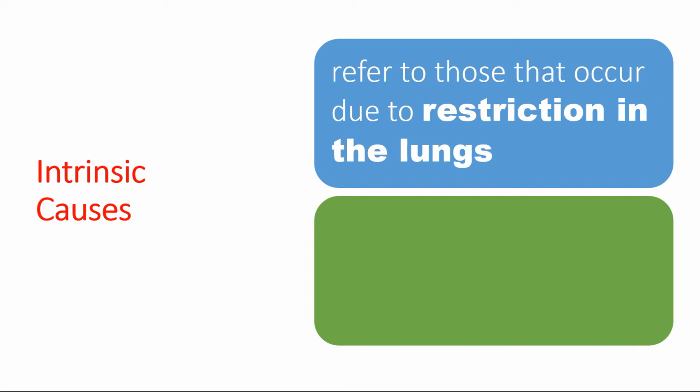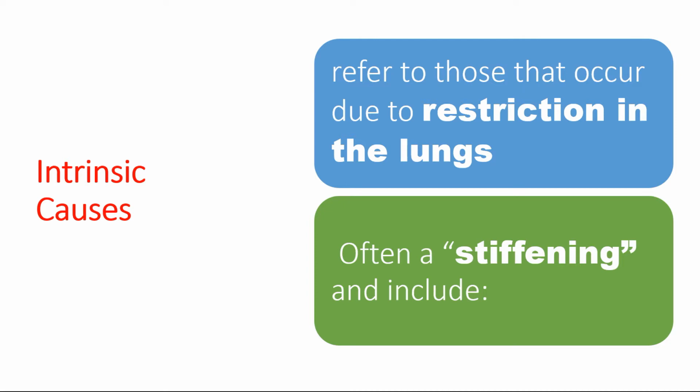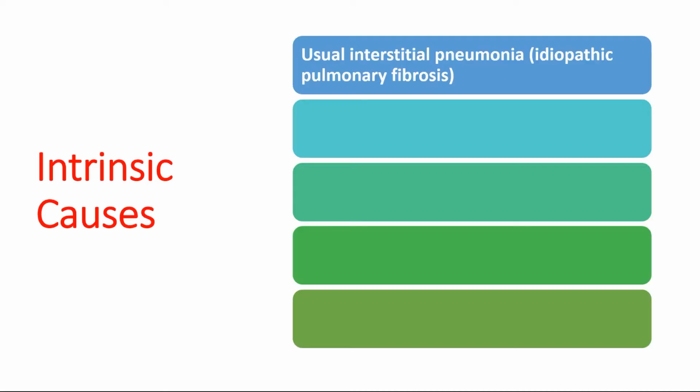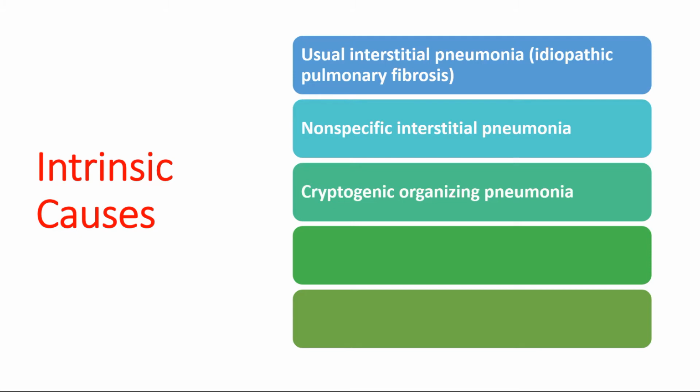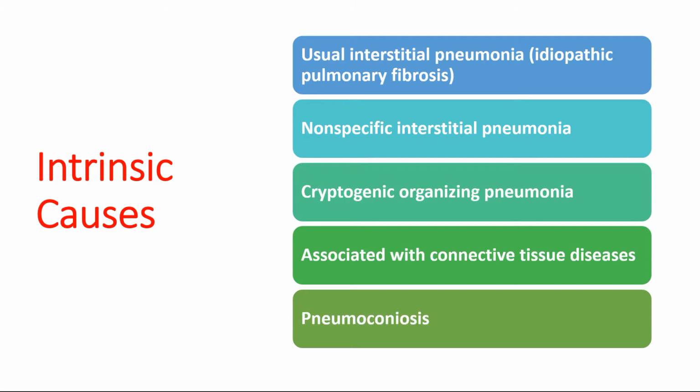So the cause is in the lungs itself, often stiffening of the lung, and this includes usual interstitial pneumonia, which is also called idiopathic pulmonary fibrosis. It is the same, usual interstitial pneumonia, or idiopathic pulmonary fibrosis, or non-specific interstitial pneumonia, cryptogenic organizing pneumonia, or it is associated with connective tissue disease, or cases of pneumoconiosis.